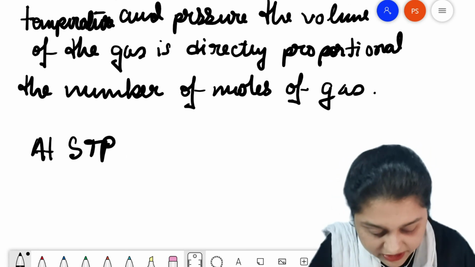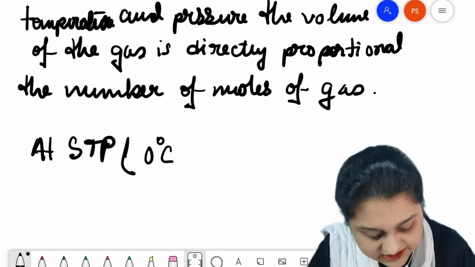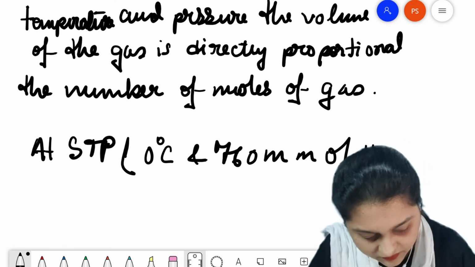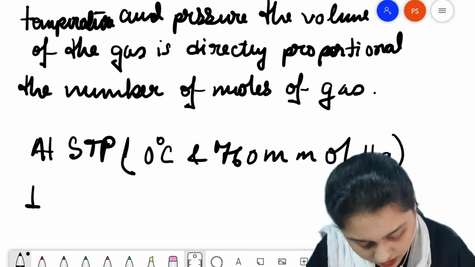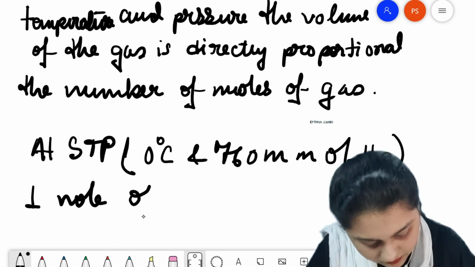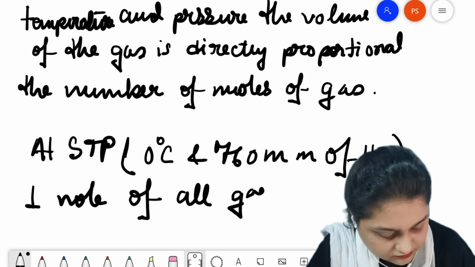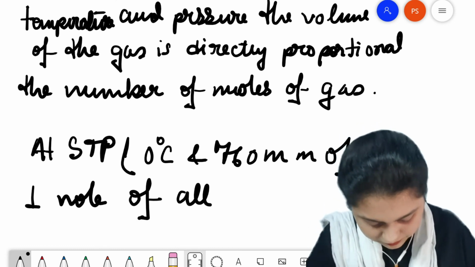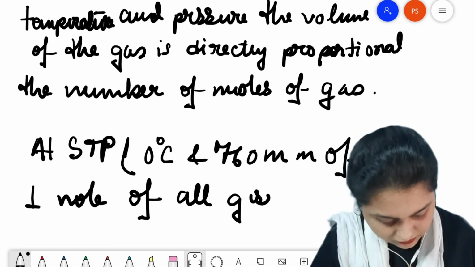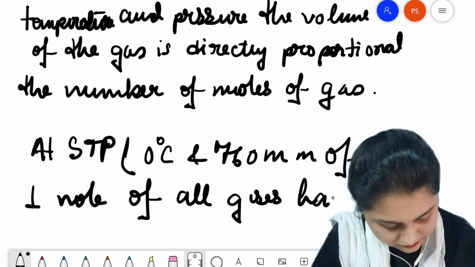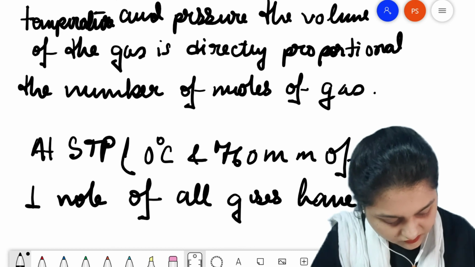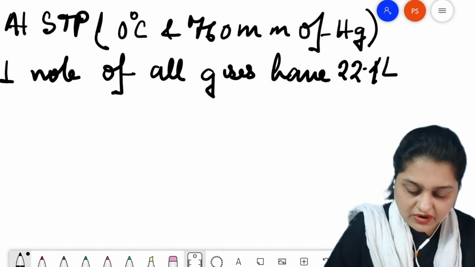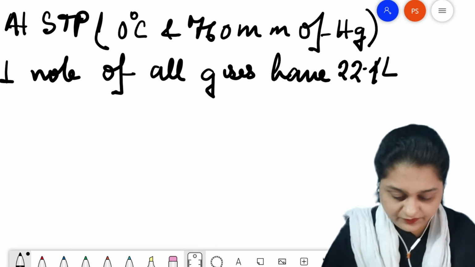So it has been found that at STP, standard temperature and pressure, which is 0 degree Celsius and 760 mm or 1 atm pressure of Hg, 1 mole of all gases have 22.4 liter volume, irrespective of the gas.